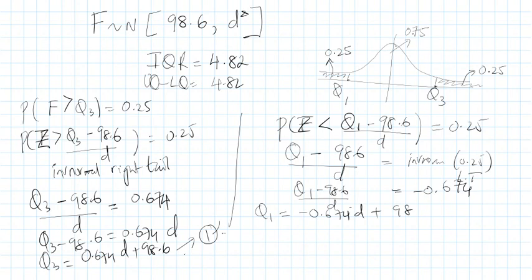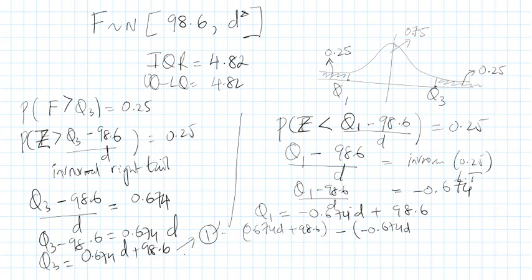So Q3 is equal to 0.674 D plus 98.6. And Q1 is equal to the opposite, minus 0.674 D plus 98.6. And now that we have both of these, you subtract them.